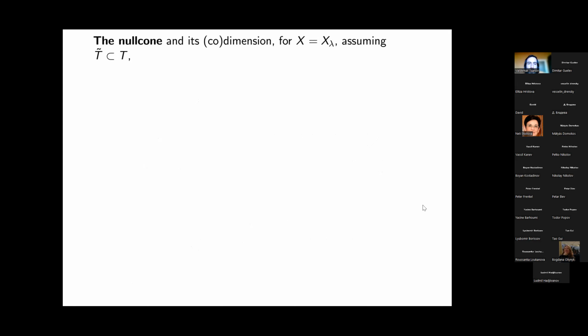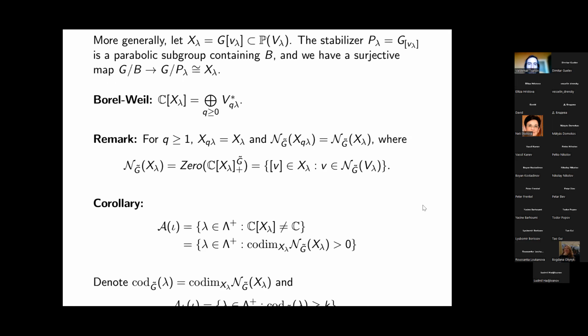So let's focus on this null cone in X lambda, and we want to know about its dimension and codimension. So the dimension of X lambda is known because of this surjective map from G modulo B. The dimension of G modulo B is the number of elements in delta plus.